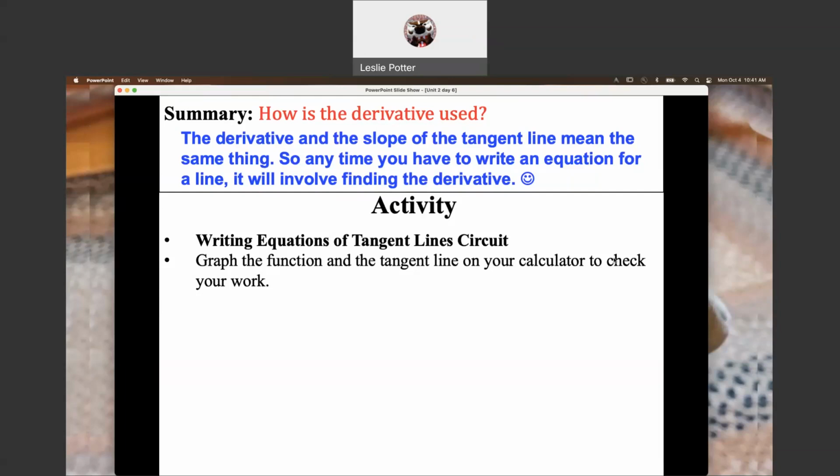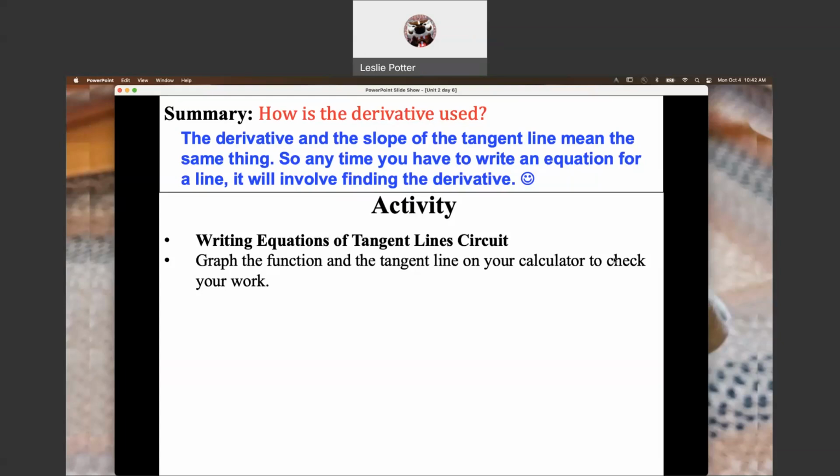You can check your own work by using that calculator function if you'd like to. Just to recap the lecture video, you should be finding your x and y coordinate if it's not given to you. Sometimes we only give you the x coordinate, so you need to find the y by plugging into the function.